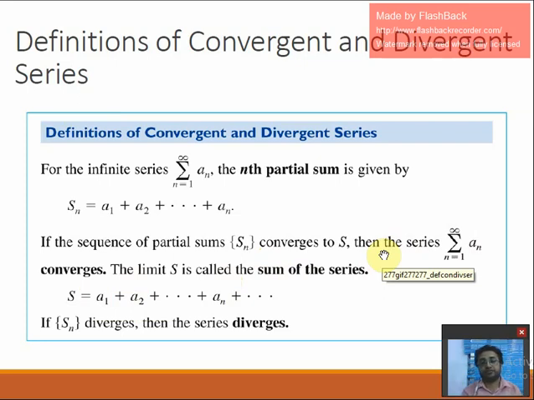Another thing that sometimes occurs is that the S value varies between two values, suppose S1 and S2. If it varies between S1 and S2, then we call this series an oscillatory series, which oscillates between two values.